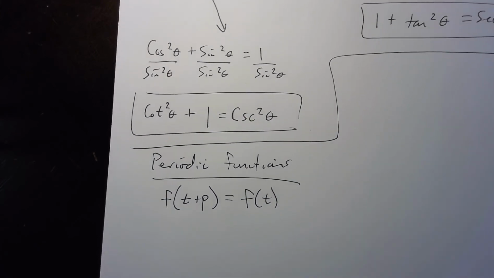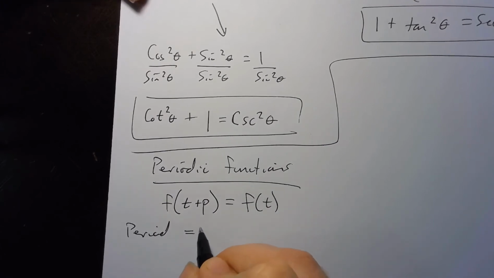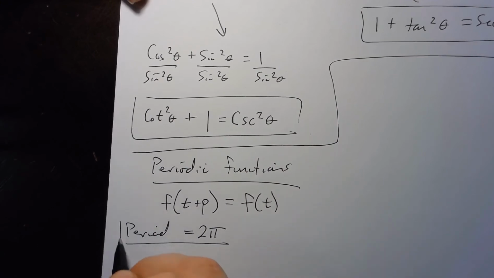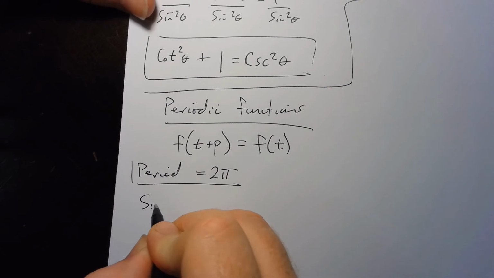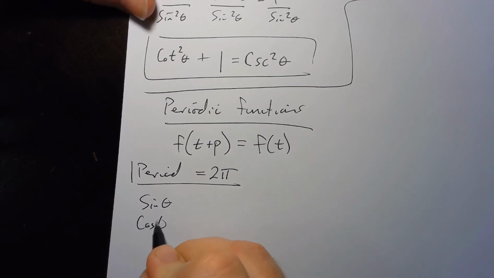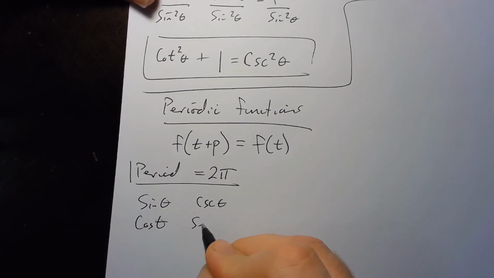So what functions have what kind of periods? Well, we can go ahead and start with a period value of 2 pi. The functions that are going to have that period are sine of theta, cosine of theta, and their reciprocals, so cosecant of theta and secant of theta.